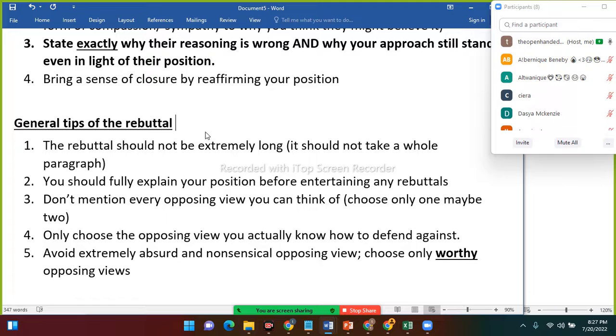So when I say worthy, you want to choose opponents that are, for example, like playing a basketball game.